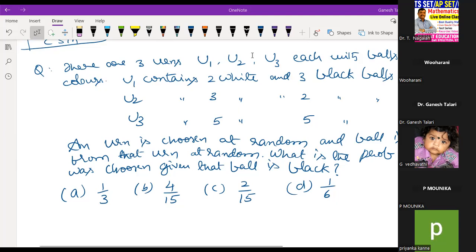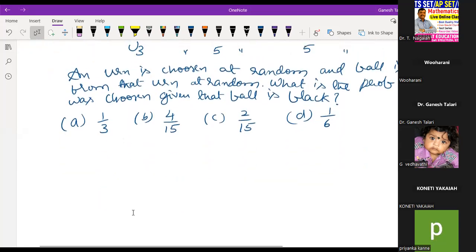Okay, Soumya, option B. Any other? Option B, sir. Yeah. So you have solved it on your own. So now I'll give you the shortcut.